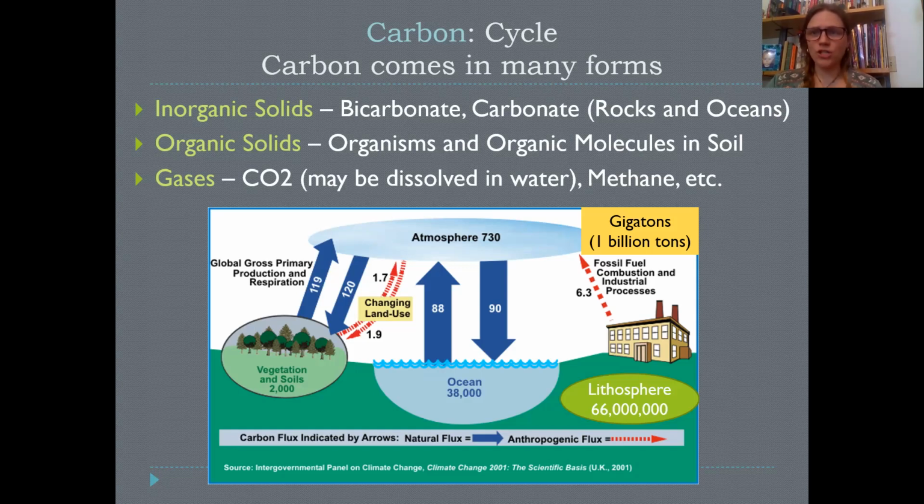We capture that energy to do lots of work in our society. And that is causing a net flux of over 6 gigatons of extra carbon going into the atmosphere every year. Some of that's being absorbed by the ocean, some might be absorbed by vegetation, but a lot of it is just building in the atmosphere. We'll talk a lot through this class about how that change is influencing the way that different kinds of ecosystems work.